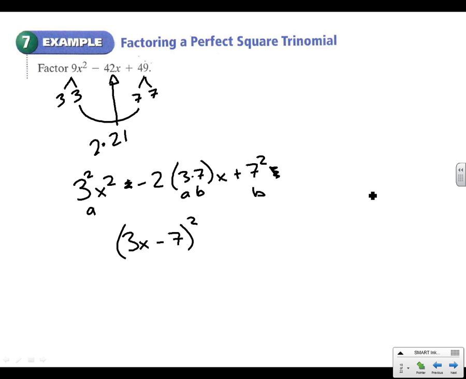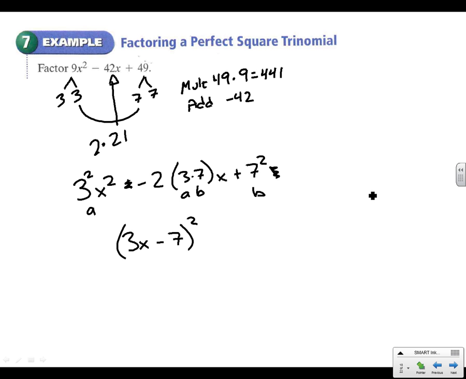Now, if you didn't follow the pattern, that's all right. We could just factor it like normal here. Going back to the beginning, we need to multiply to 49 times 9. Right? So that's 450 minus 9, that's 441. And then we need to add to negative 42.